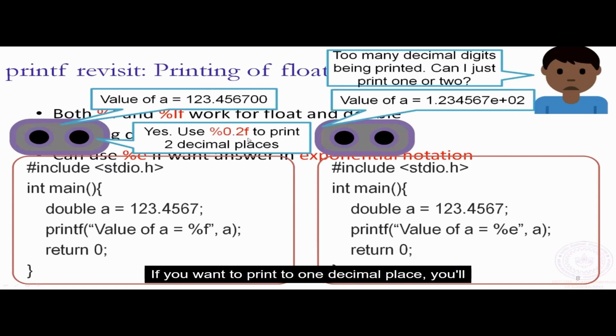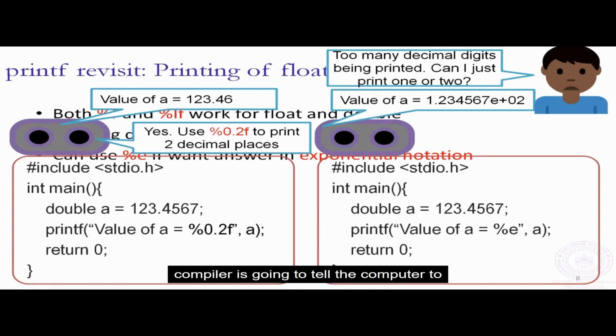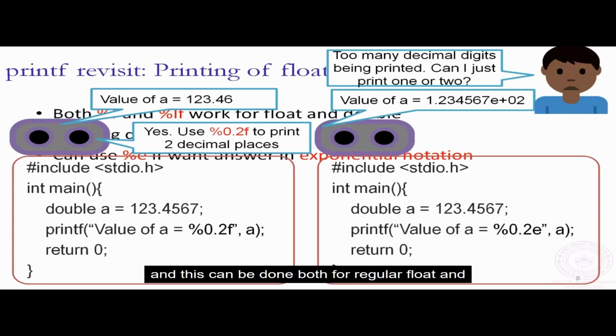If you want to print to 1 decimal place, you'll say %0.1f, and so on. And when you try to do this, the compiler is going to tell the computer to only print up to 2 decimal places, and this can be done both for regular floats and also for exponential notation printing of floats.